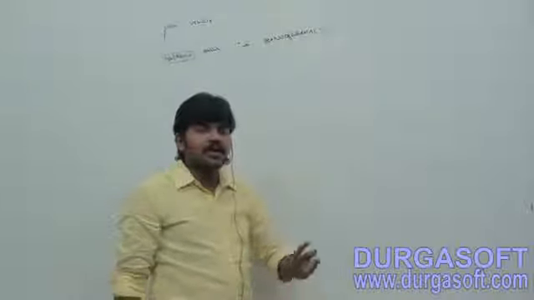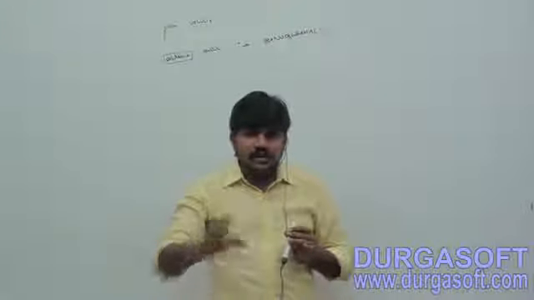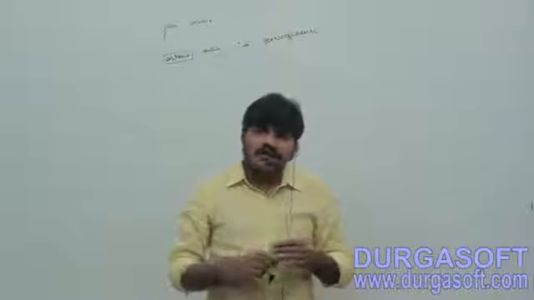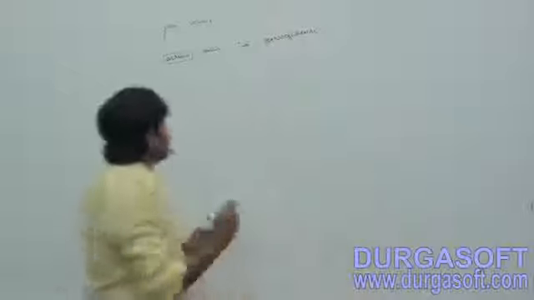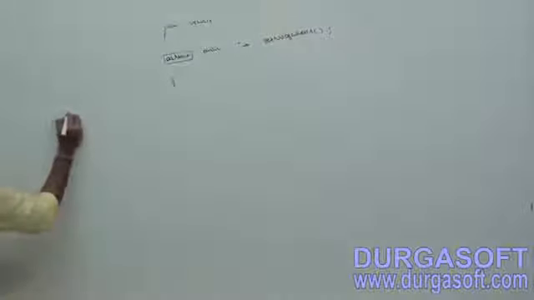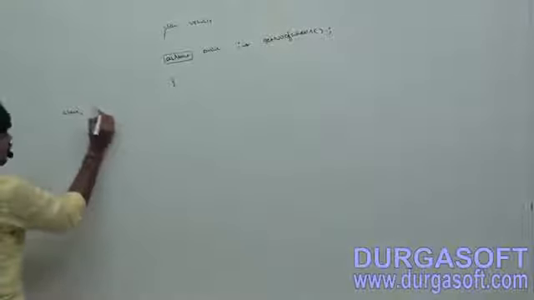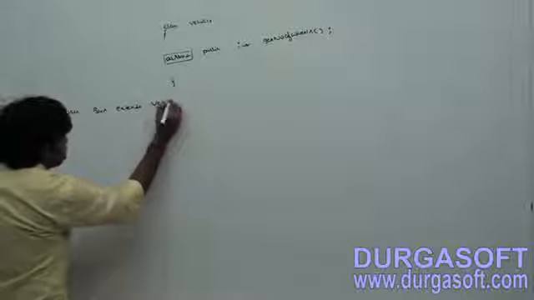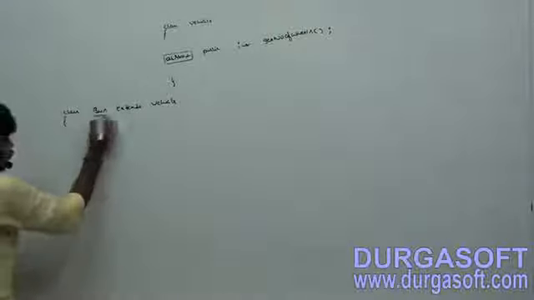Then who is responsible to provide the implementation? Child classes. Because if we know the type of vehicle, a two-wheeler or bus or auto, then we can provide the implementation. Now I'm taking class Bus extends Vehicle. This is the more specific vehicle.